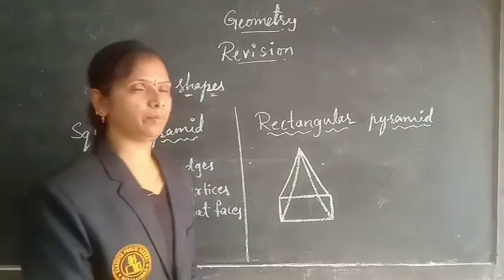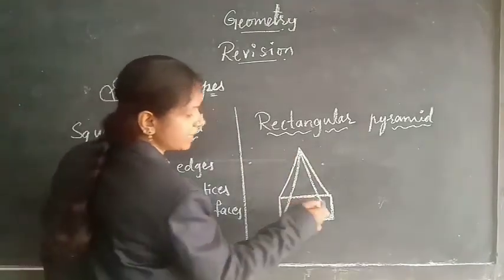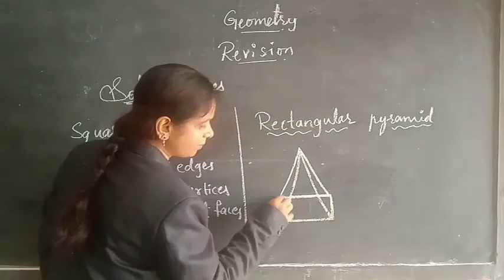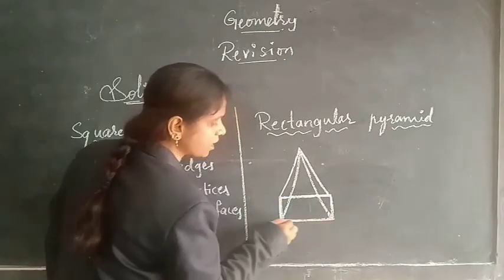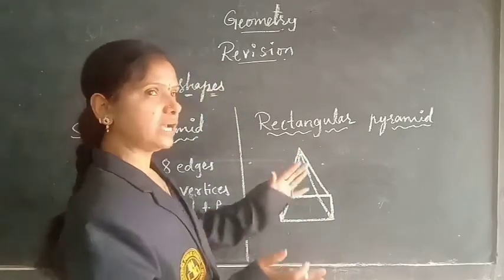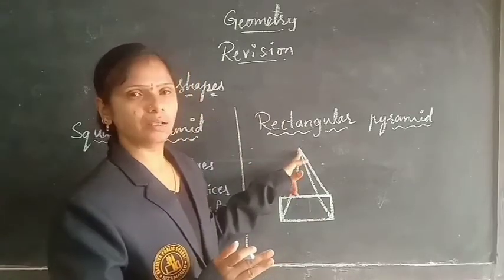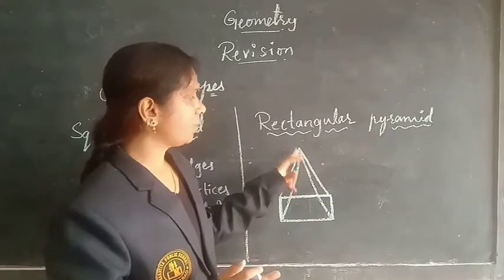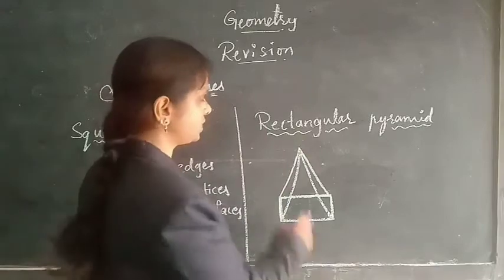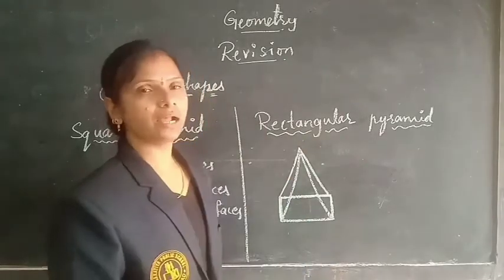Coming to the rectangular pyramid, why are we calling it a rectangular pyramid? The base should have a rectangular shape. And for the pyramid, all the side flat faces should meet at one place at the top, and at the top it should have one tip. So the base is a rectangular shape, so it is a rectangular pyramid.